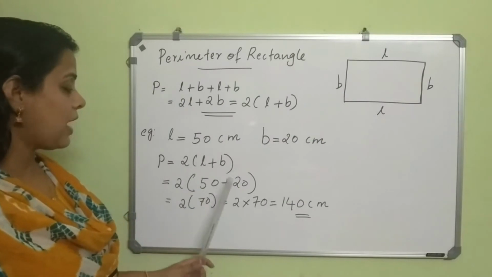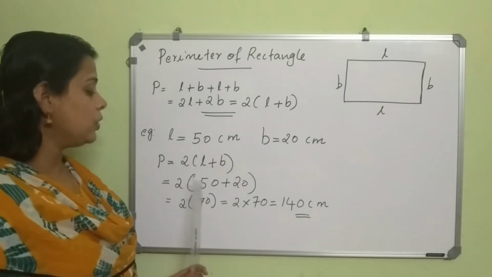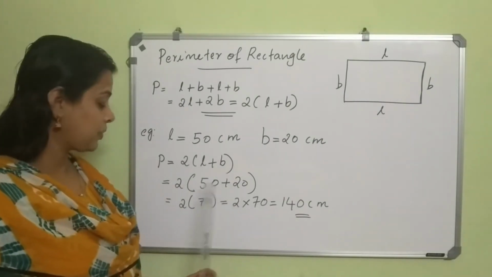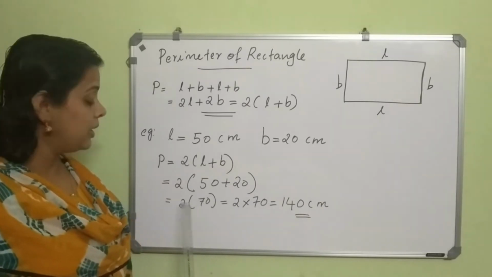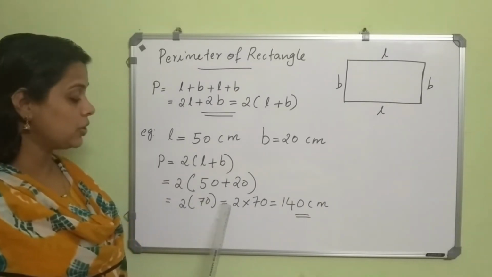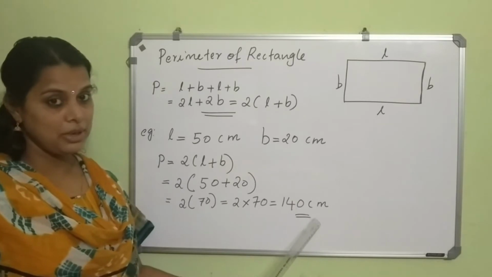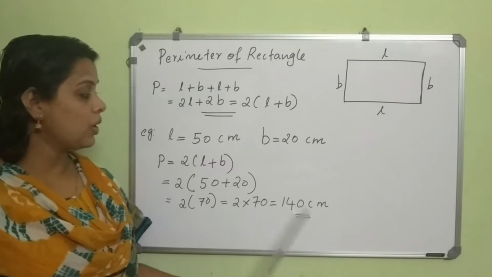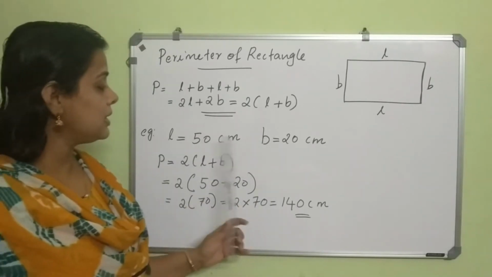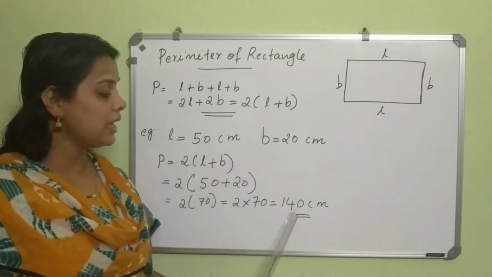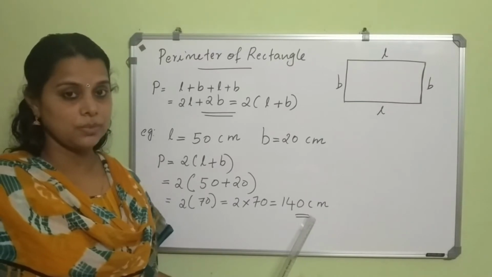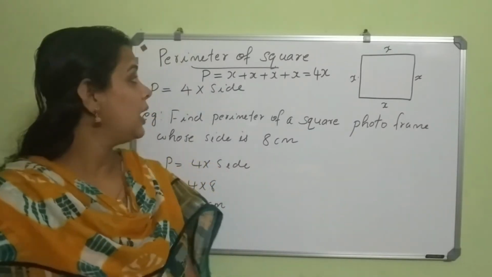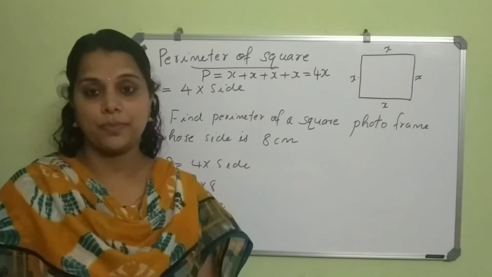Now we can put this value here, that is equal to 2 into 50 plus 20. 50 plus 20 is 70. 2 into 70, that is equal to 140 centimeter. Don't forget to put the units here also, because in length and breadth it's given centimeter, so you have to write centimeter here also.